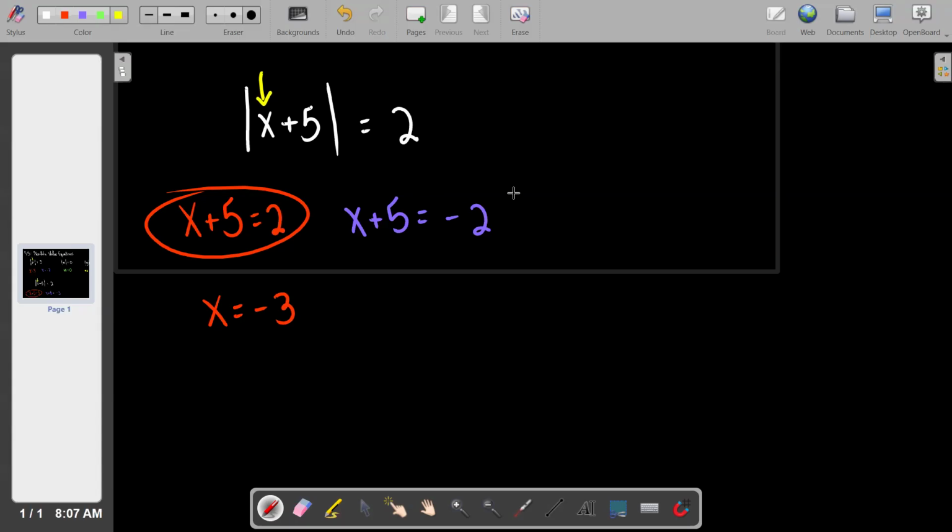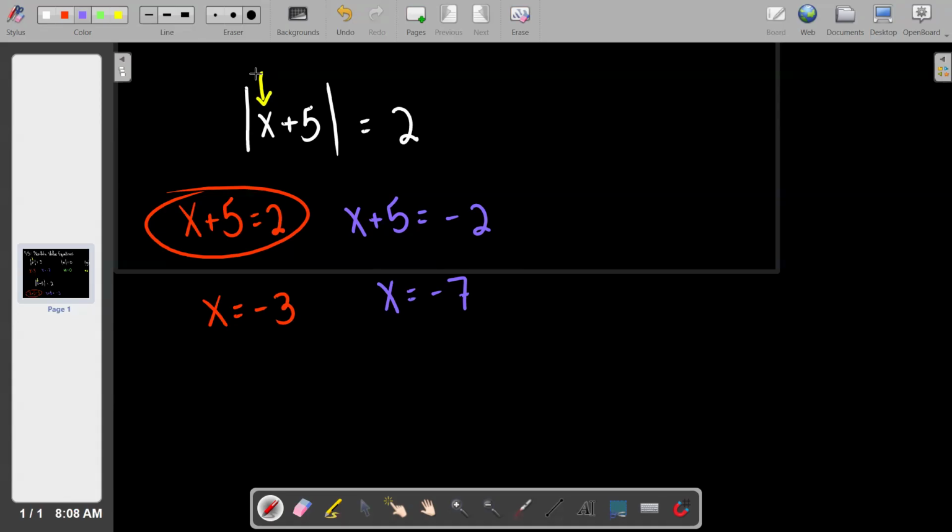But we also have to acknowledge the purple one and say, okay, well, what makes x plus 5 equal -2? Subtract 5 from both sides, what would x have to be? It feels good to check it, because I want to make sure that that number is legit.